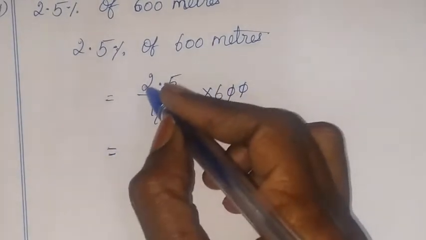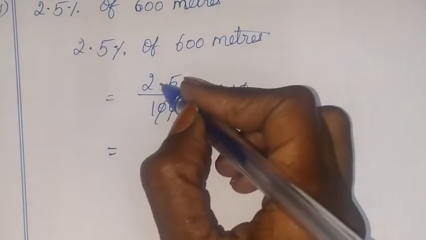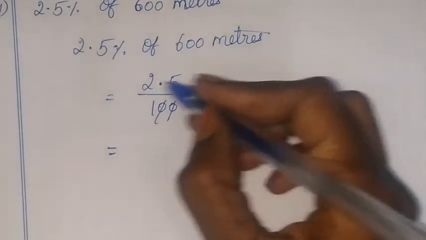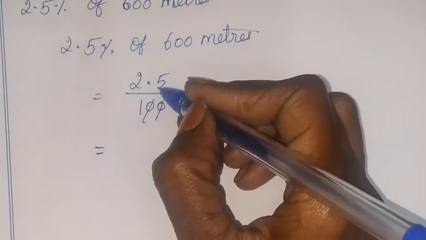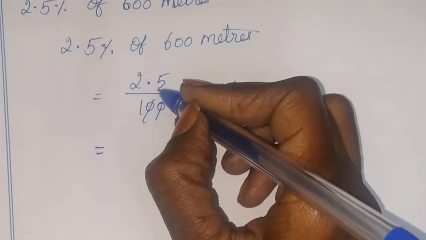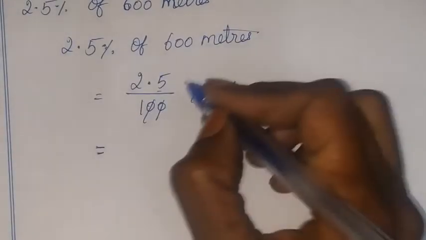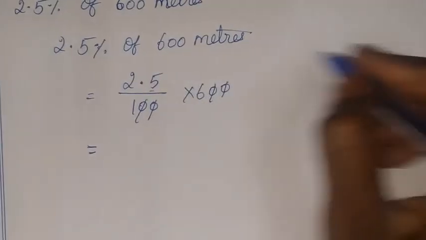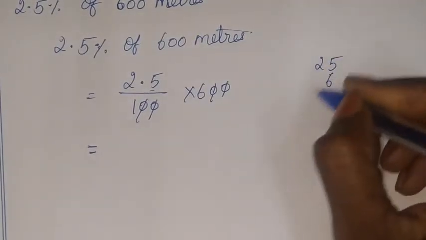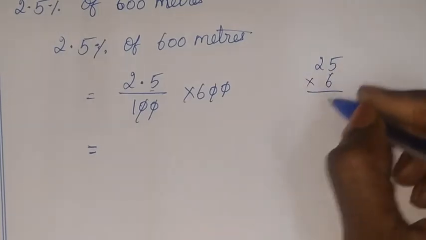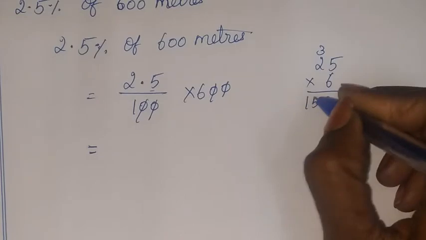Now we have to multiply the numerator and write it as answer. When we want to multiply a decimal number, what we have to do is leave the decimal point and multiply the numbers alone. Then we count how many decimal places there were, and according to that, moving leftwards, we place the decimal point. So first multiply the numbers. 25 into 6. 6 5s are 30, 3 carry over, 6 2s are 12, plus 3 is 15.